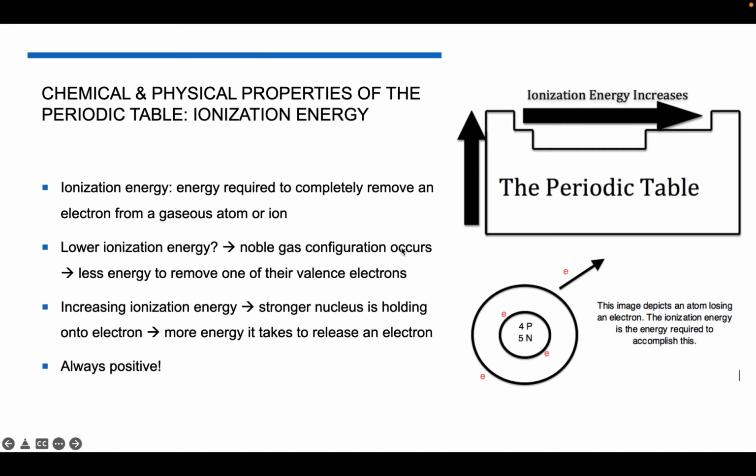Going over the periodic table, let's look at some of the periodic table trends. So, ionization energy. Ionization energy sounds very complex, but when you break it down, it's actually pretty simple. It is the energy required to completely remove an electron from a gaseous atom or ion, typically something like a noble gas, and you'll go over noble gases in Gen Chem 1 as well.